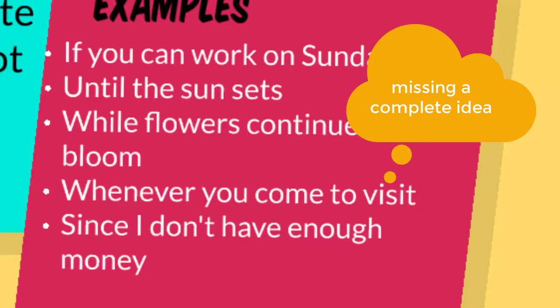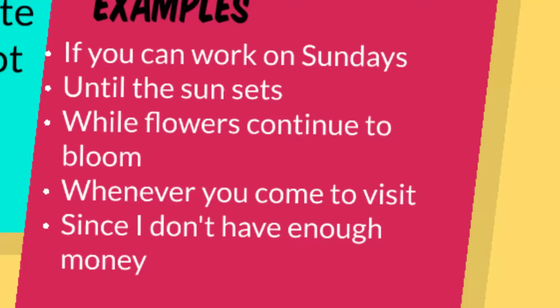It says, whenever you come to visit, we will have pastries for you. Whenever you come to visit, we will not be around. There is something lacking, right? This is therefore a dependent clause. It depends on something else. It cannot remain alone, like I said, much like a child, right?